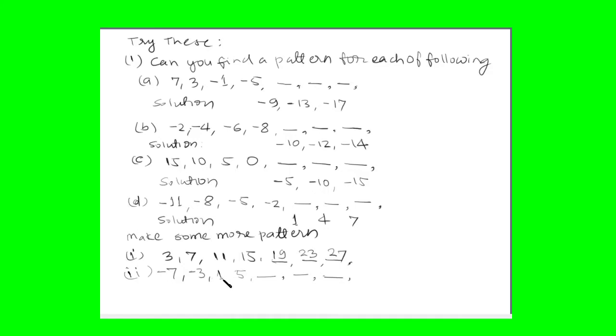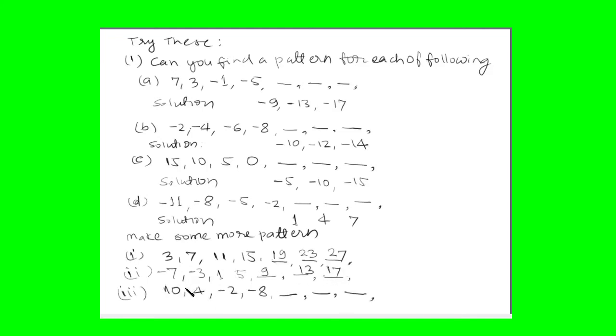And when we add 4 to 1, we get 5. So our next number will be 5 plus 4, which is 9. 9 plus 4 is 13, and 13 plus 4 is 17.